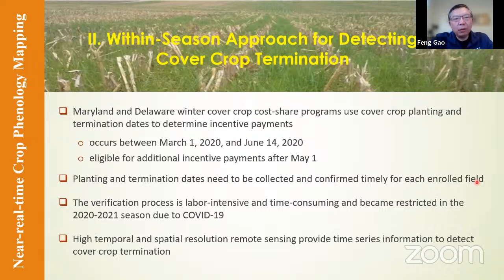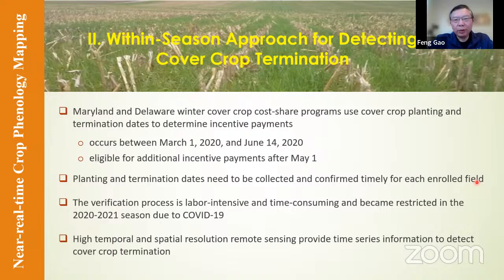Those planting and termination data are normally collected and confirmed by staff from those departments for each enrolled field. As you can see, this verification is labor intensive and time consuming, and it needs to be available in a short time.